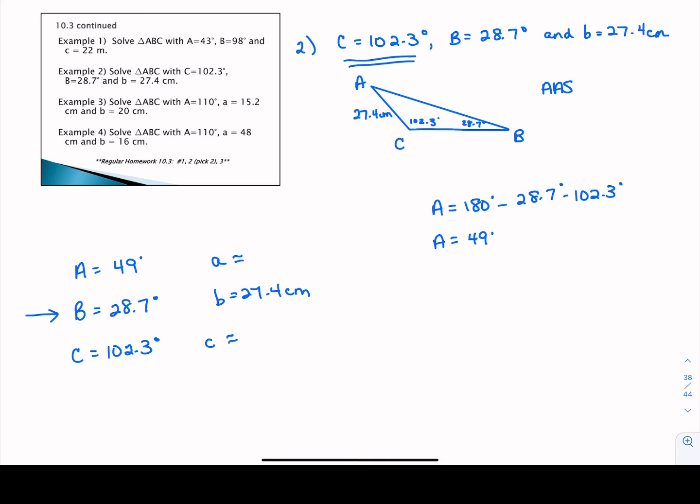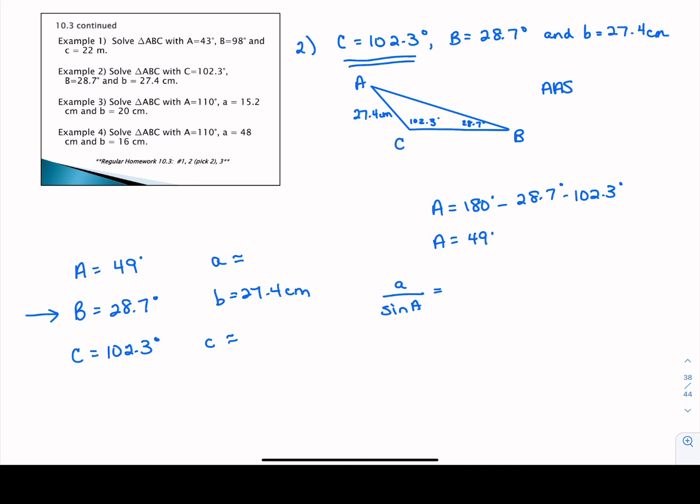Now, if you want to solve alphabetically, let's say you want to find side length a, then we need to use a and sine A as the first part of our equation. So we've got a divided by the sine of angle A, and that's going to be equivalent to two given pieces of information.